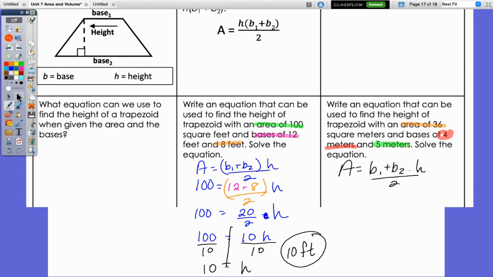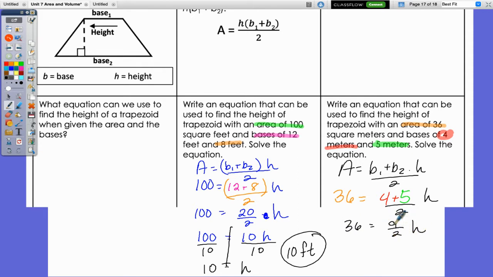And we're going to plug in those numbers. So I have an area of 36 equals my first base is 4 plus my second base is 5 divided by 2 times height. So this gives me 36 equals 9 divided by 2 times height.